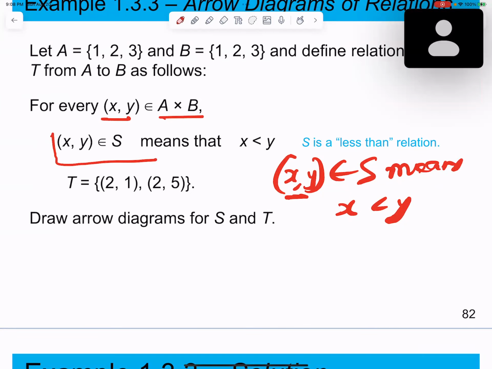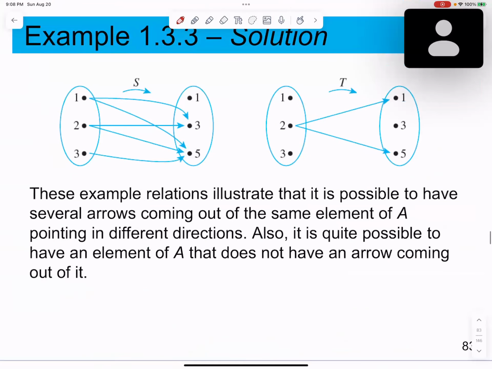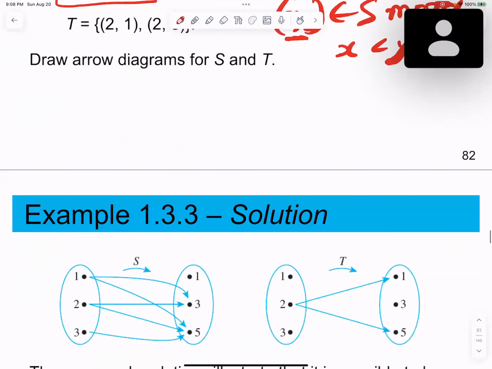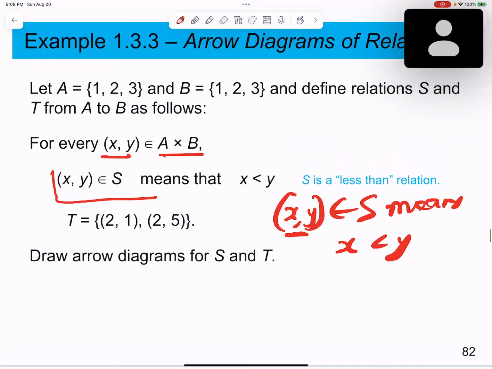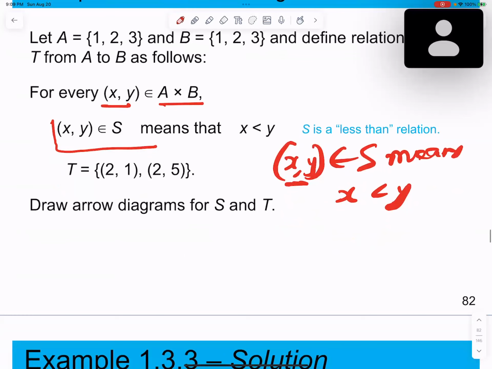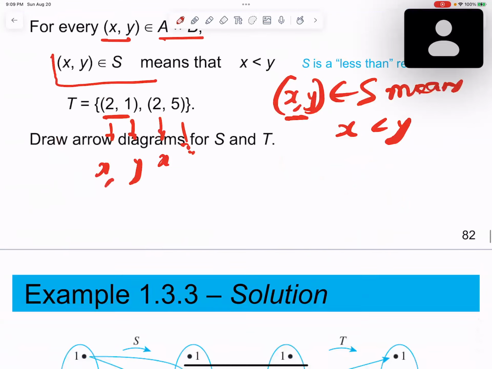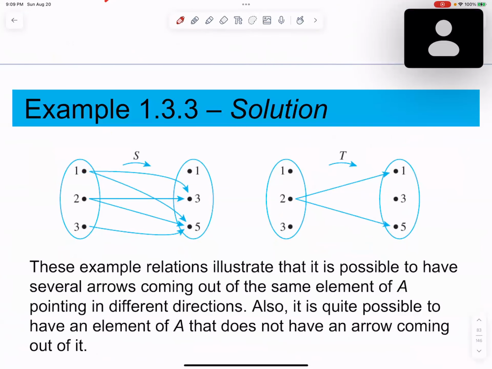And look at what we have here. If you look at this, this is your x, this is your y, this is x, this is y. Okay, you can draw a diagram for them.